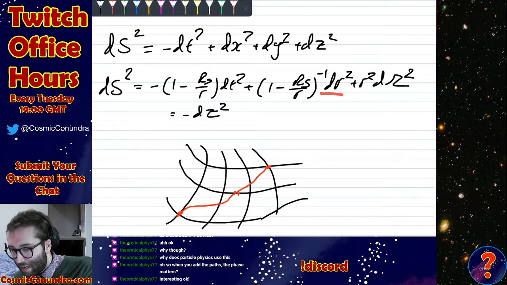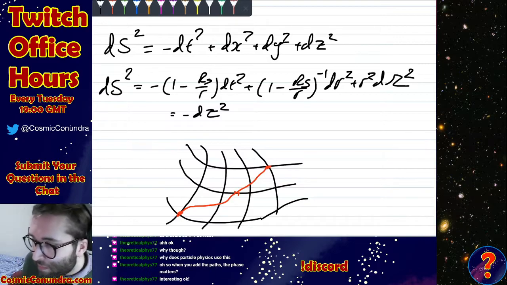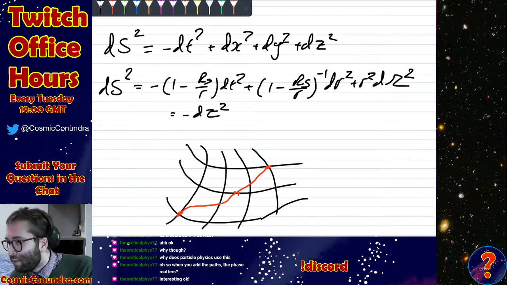So in other words, dr and d omega will be 0. The reference frame tied to the person moving along this path will measure no spatial difference along the path because it's fixed with them, but it will measure a temporal difference, which is this proper time.